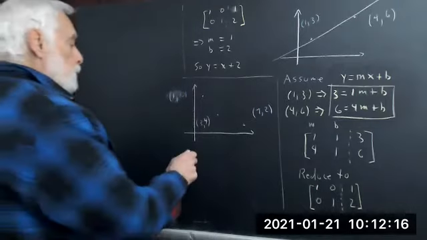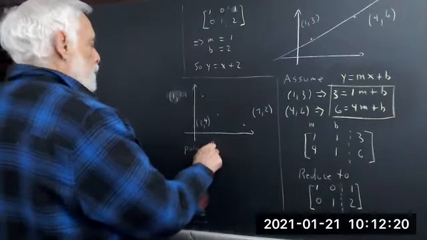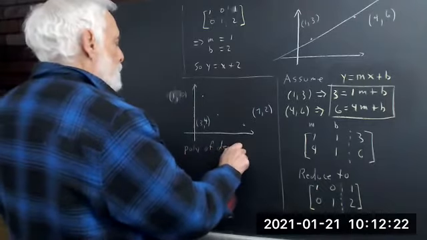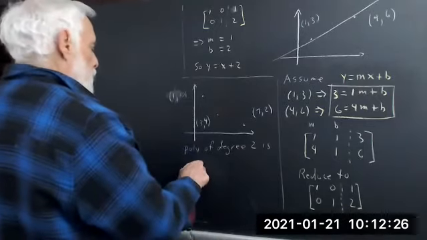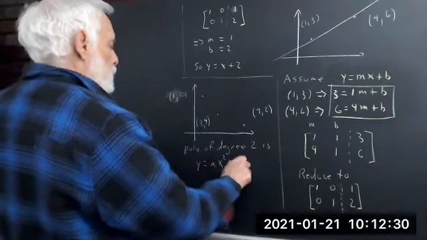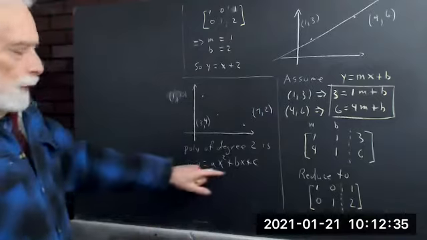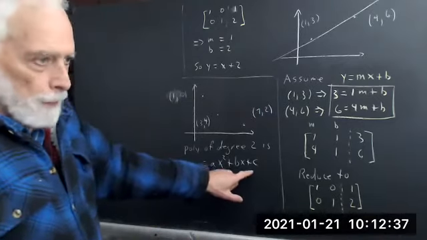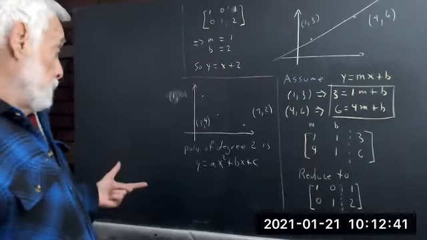A polynomial of degree 2 has general form y equals ax squared plus bx plus c, the familiar form of a quadratic.